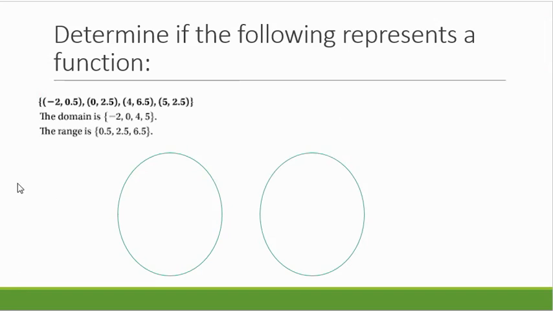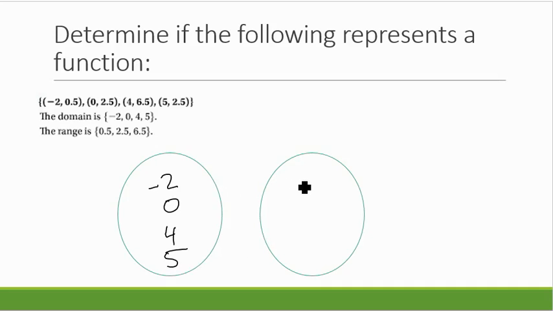So you're given a set of numbers. You're told your domain, which is all your x values, negative 2, 0, 4, 5. We're going to make a map.